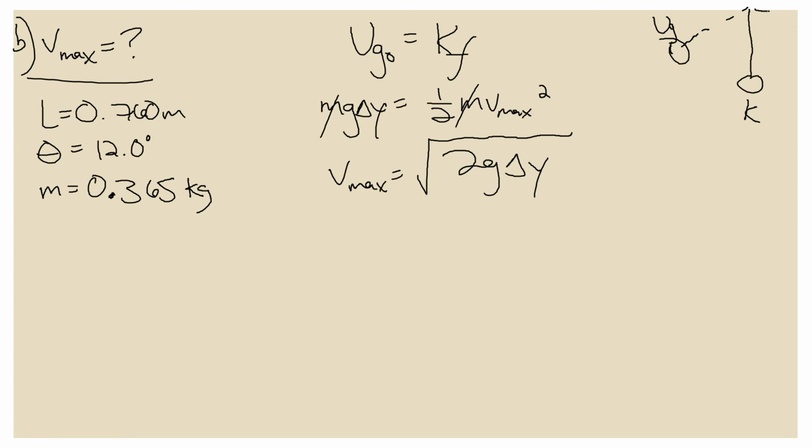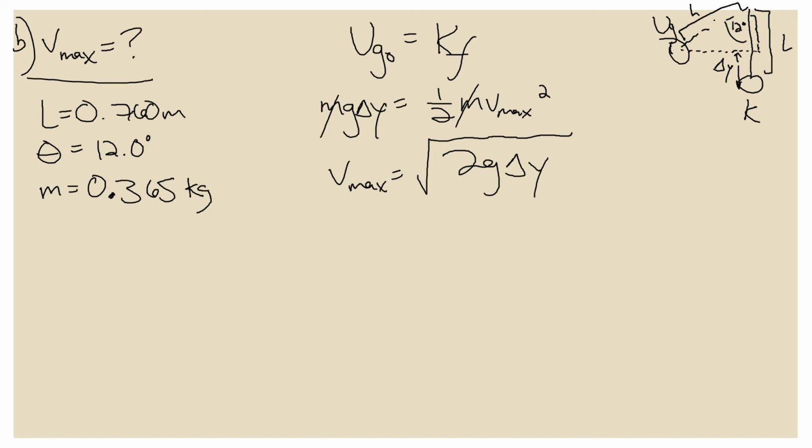Now, notice here, this measurement, as I have it drawn in this system here, is L. Obviously, the string's not going to change when I pull it back, so this measurement is L also. And so if you look, this angle here that's given to us as 12 degrees can be related to this part of the triangle. And then this measurement here, from that dotted line down to where the pendulum bob was at its original position, is the height.